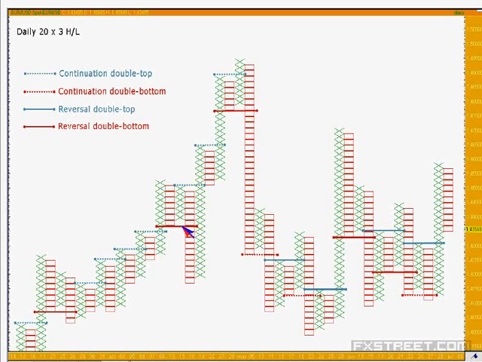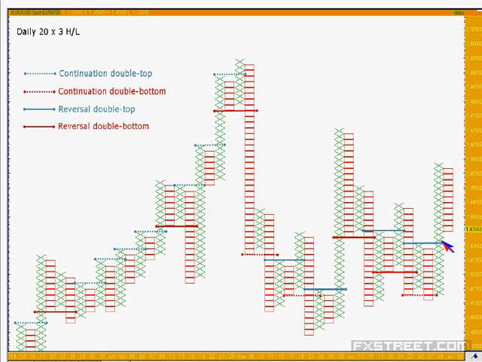We have here a trending chart, so the reversal patterns are a minority, but here to the right side we can see quite many of them changing the direction of the chart. Okay, the reversal double tops and double bottoms. So the last signal printed on this chart is a reversal type, a reversal double top in that case.